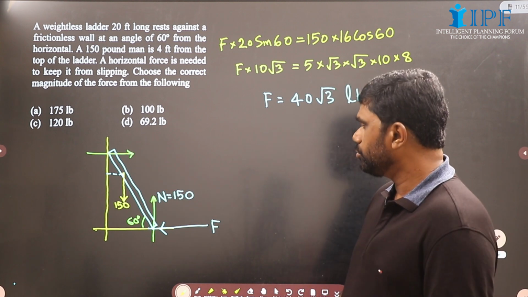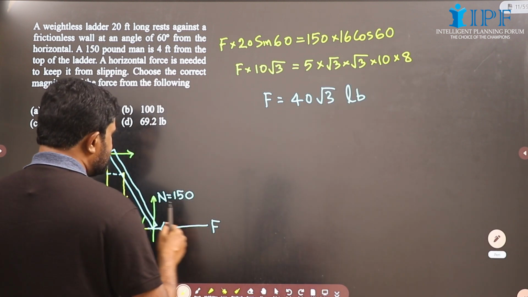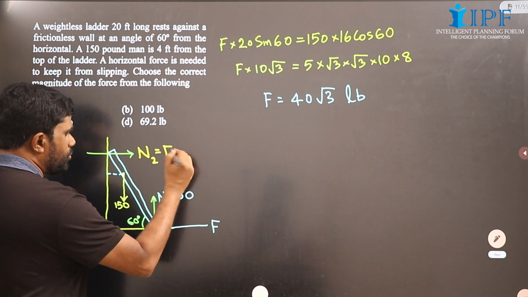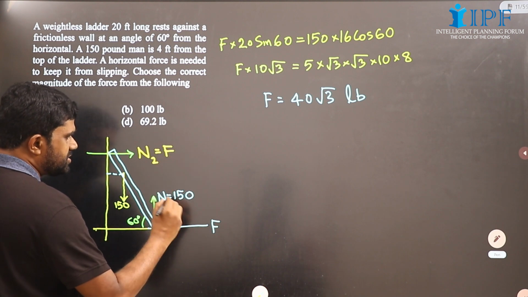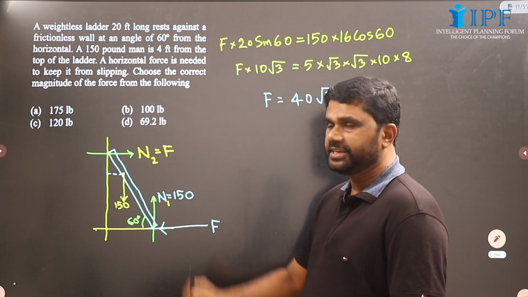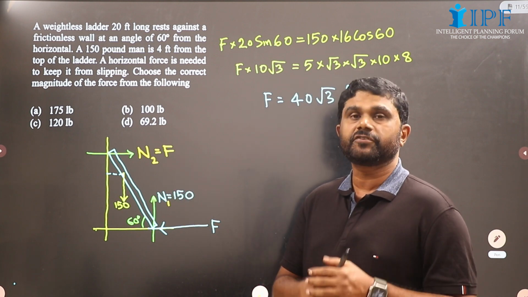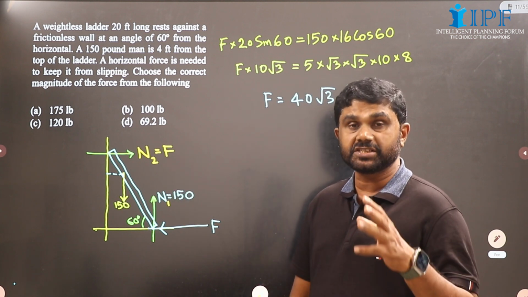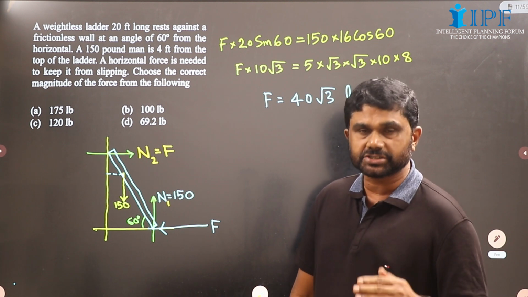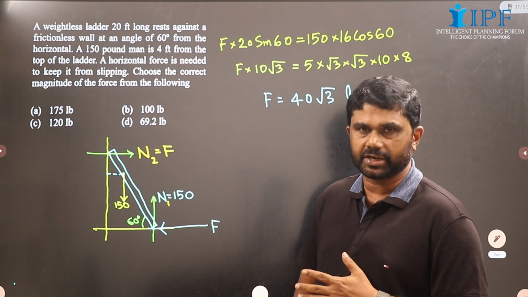If this is F, here is the normal reaction, say N2, this also will be equal to F, and say this is N1. Now N2 is equal to capital F, which we have to find out. We have considered the translational equilibrium: equilibrium along the horizontal direction and along the vertical direction.